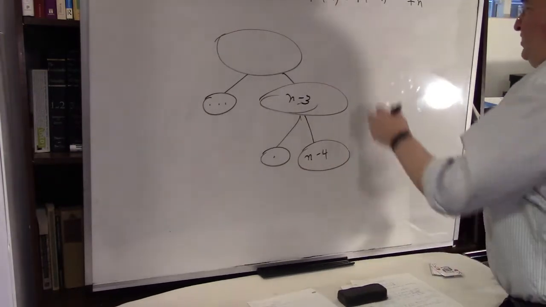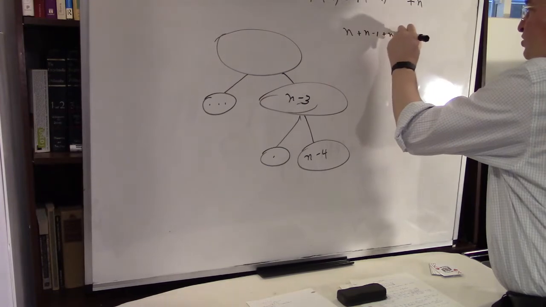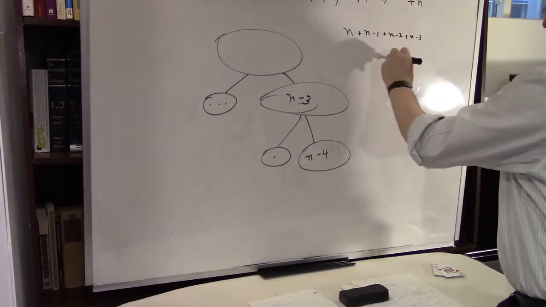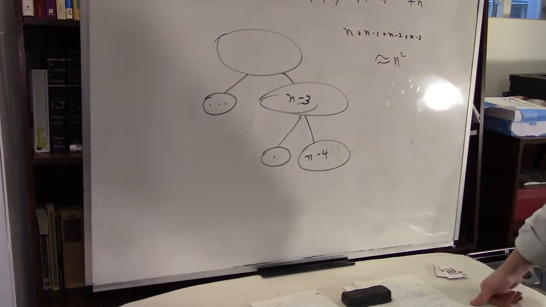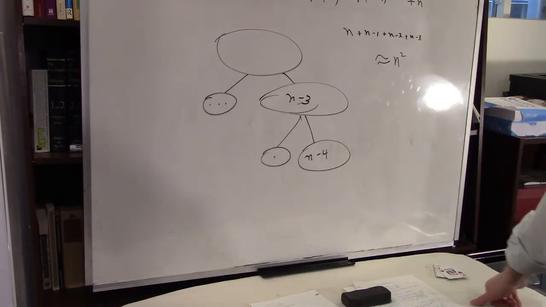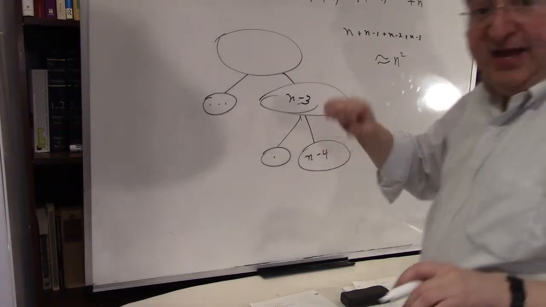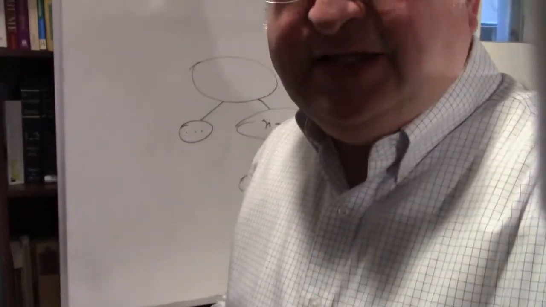It turns out this is n plus n minus 1 plus n minus 2 plus n minus 3. This is the Gauss trick, and it turns out that that's equal to n squared. Okay, so that's n squared.